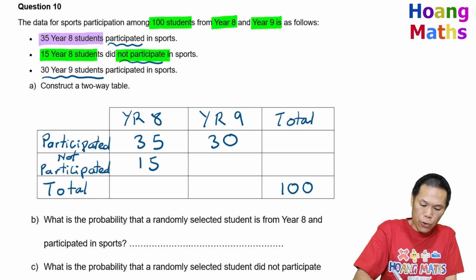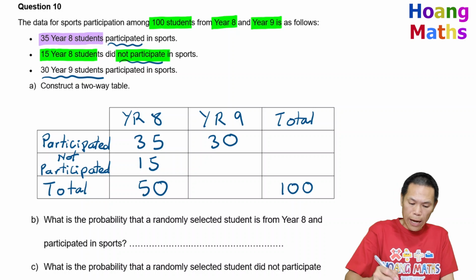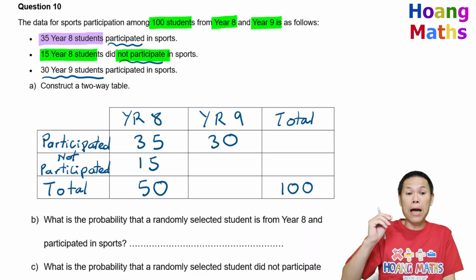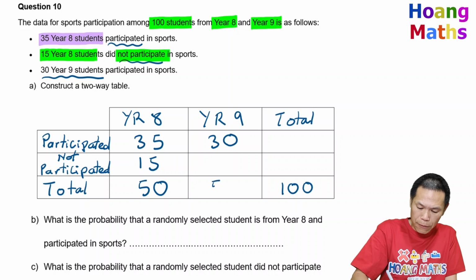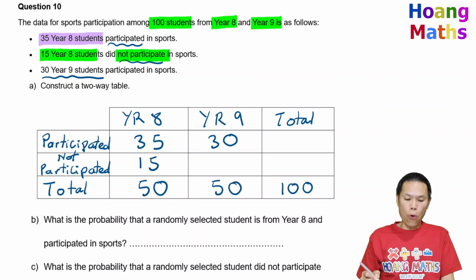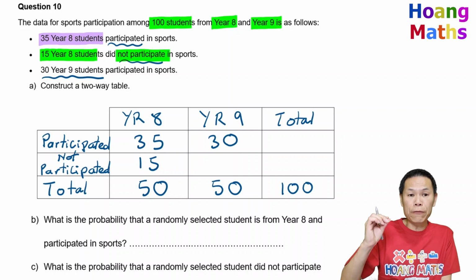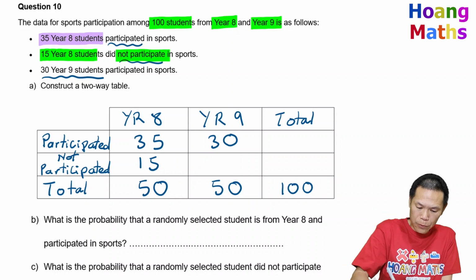So we just go 35 plus 15, which gives me 50. Then we can work out the total number of year 9 students. So 100 minus 50 gives me 50. Therefore, year 9 not participated will be 50 minus 30, which gives me 20.